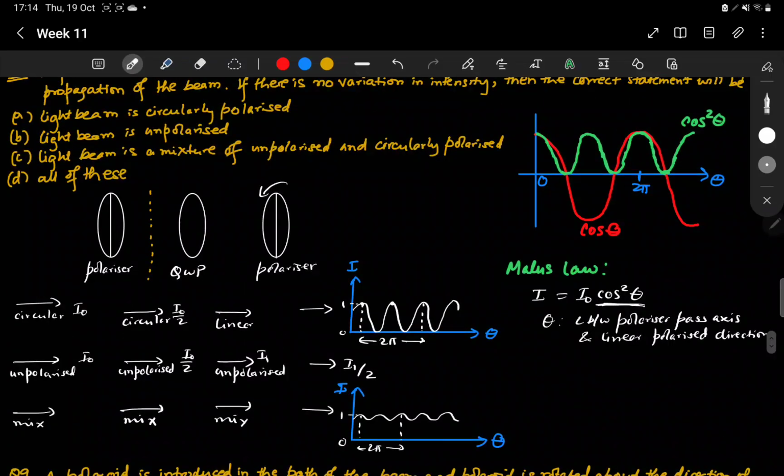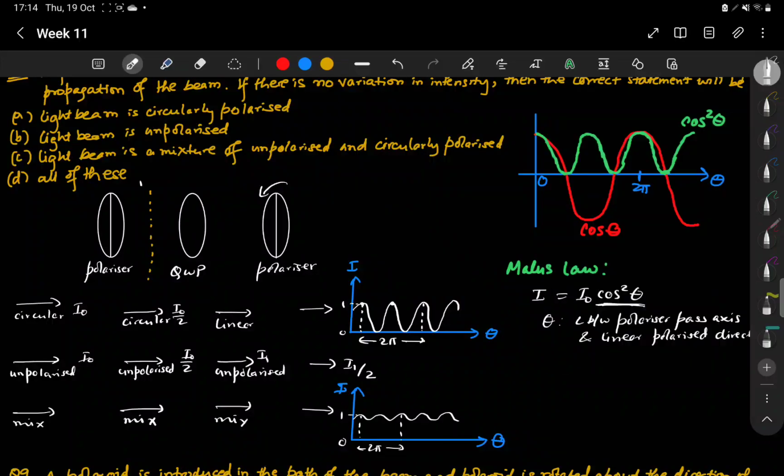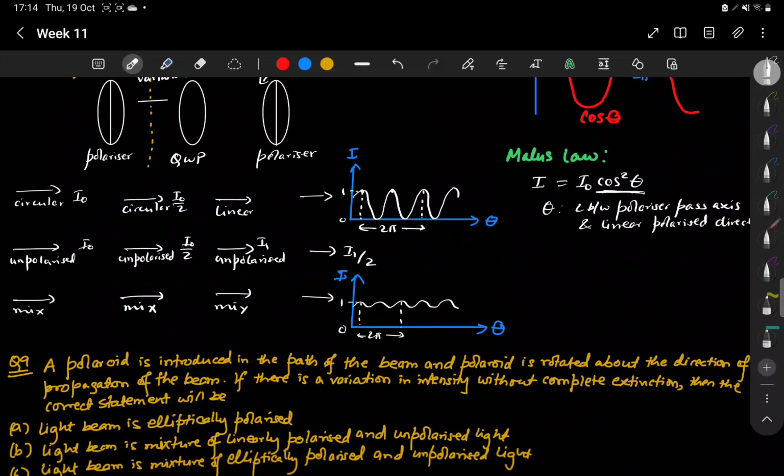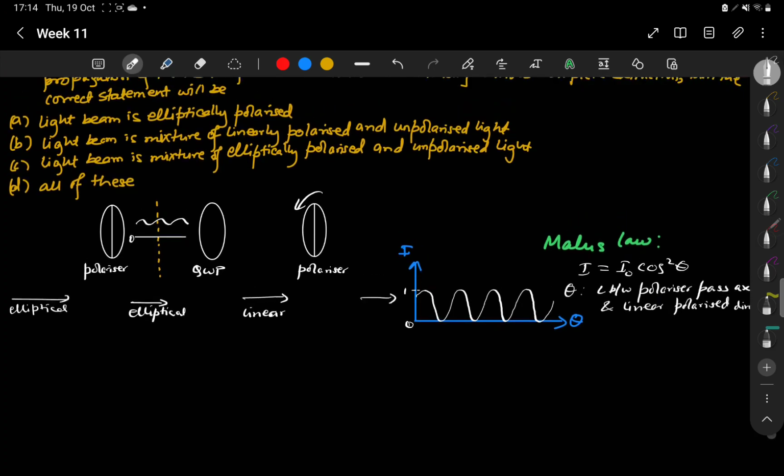In the previous question, what we had seen was that at the output there was no variation after the first polarizer, so constant intensity like a flat line. And here what we are seeing is that there is variation in intensity, but it doesn't go all the way down to 0. So this is my 0, and there is not a full extinction. Okay, so elliptical remains elliptical after a polarizer, becomes linear after quarter wave plate, and then we see Malus law after the second polarizer.